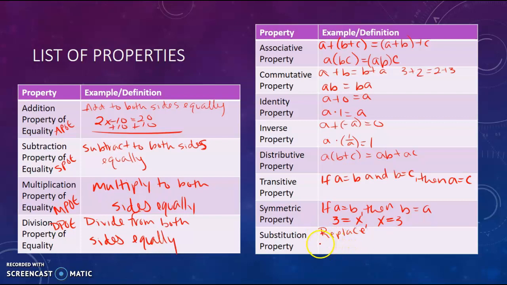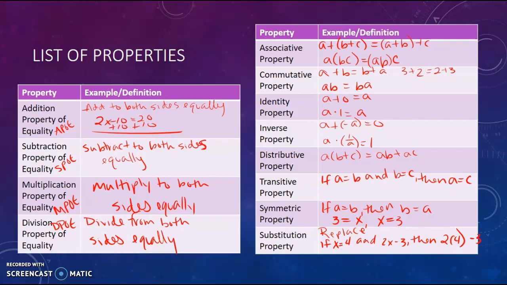So if x equals 4 and 2x minus 3, then we have 2 times 4 minus 3. And so we replaced x with 4.